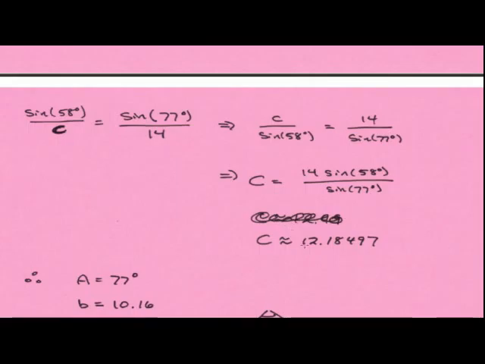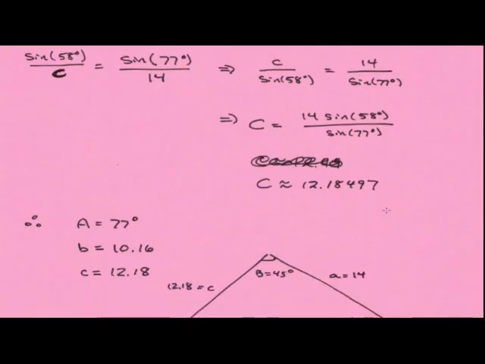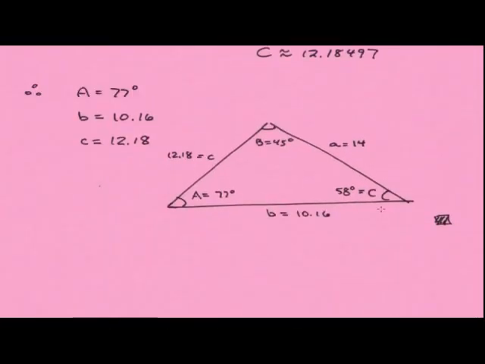So C is approximately 12.18497. If we put all of this together, we end up with a triangle where we found A to be 77 degrees, B approximately 10.16, and C approximately 12.18. So we were able to find the remaining sides and angles of that triangle.